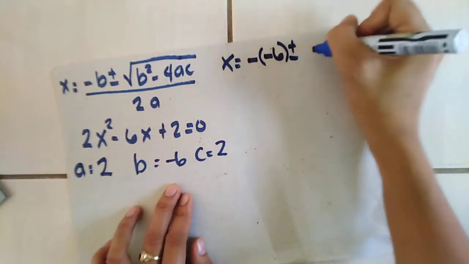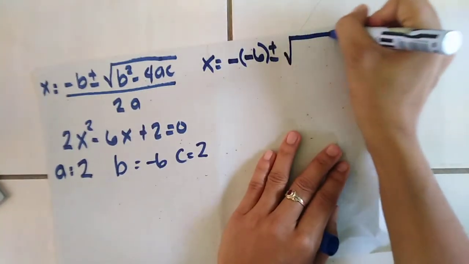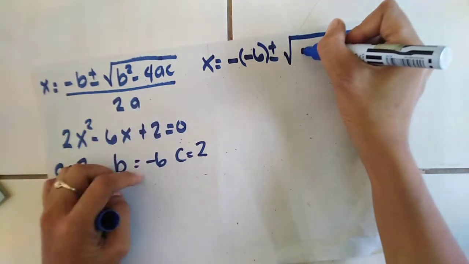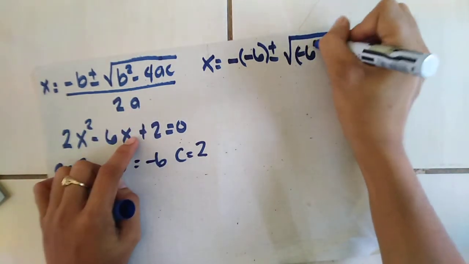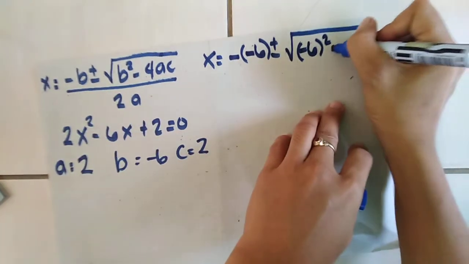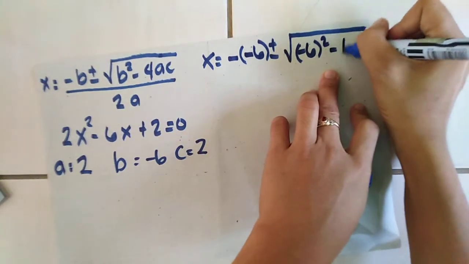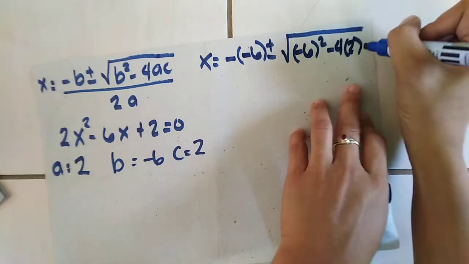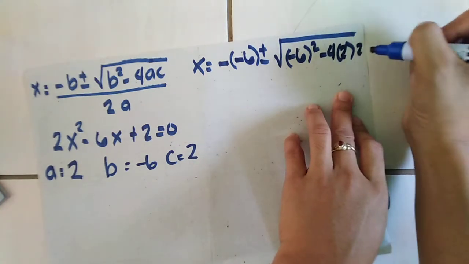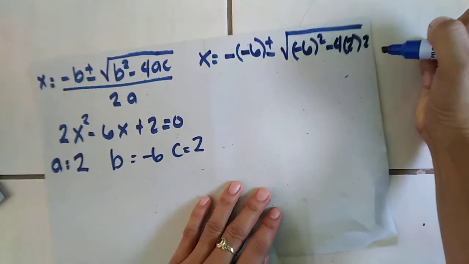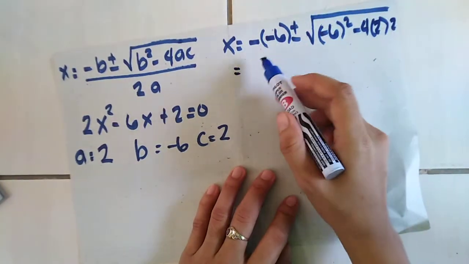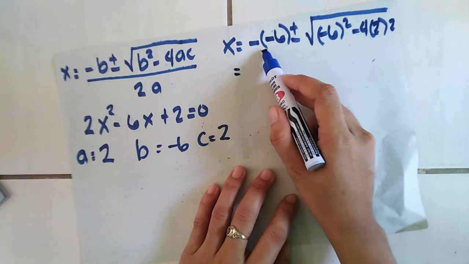Then plus or minus the square root of, again, what is our b? Negative 6 squared, minus 4 times a, which is 2, and c, which is also 2. What is negative times negative 6?